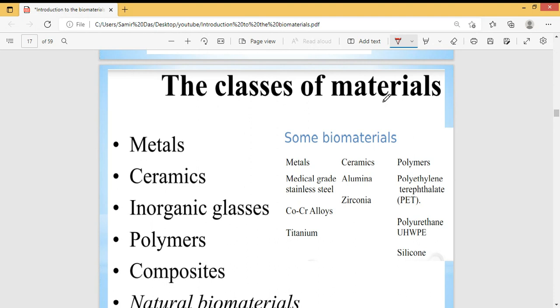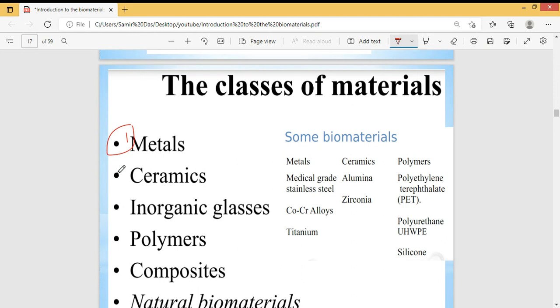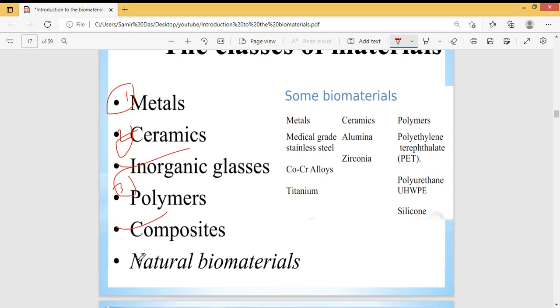As I have discussed, they are mostly categorized into three pools: metal, ceramic, and polymer. But other classes of biomaterials are inorganic gases, composites, and natural biomaterials.